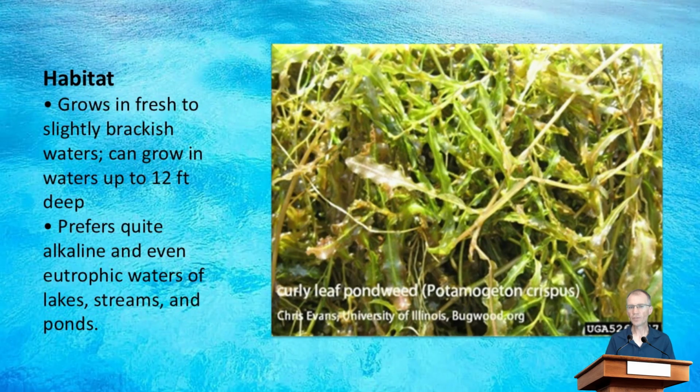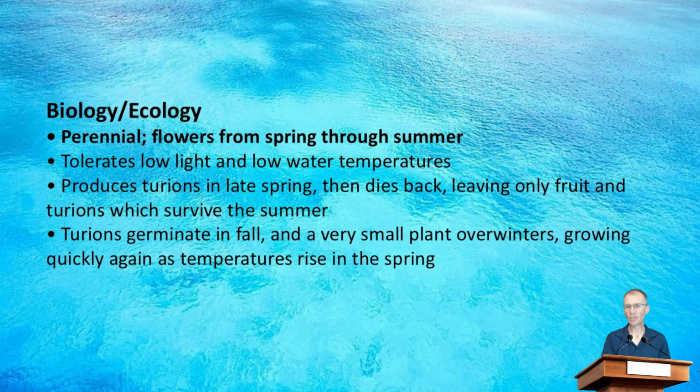Habitat: grows in fresh to slightly brackish waters, can grow in waters up to 12 feet in depth, prefers quite alkaline and even eutrophic waters of lakes, streams, and ponds. Biology and ecology: perennial. Flowers from spring through summer.